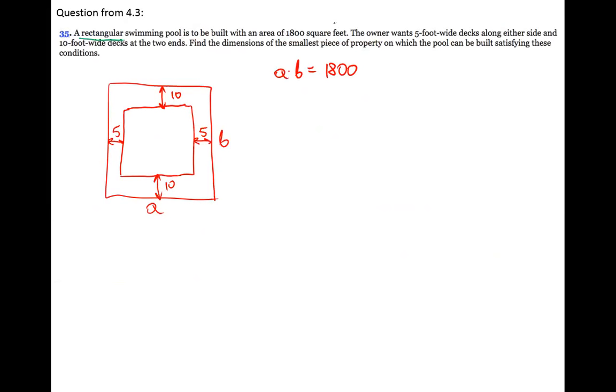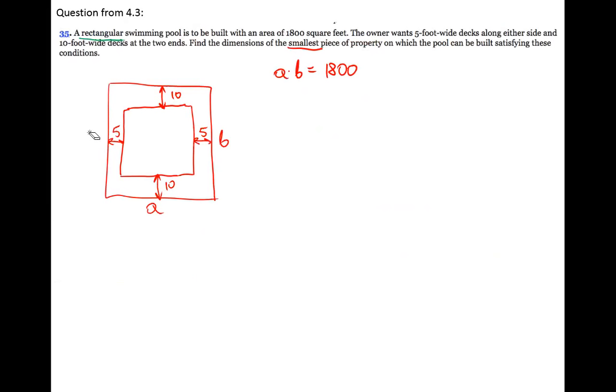Let's do it, because first of all we have to create a few functions, because I just don't like this word smallest. Based on the smallest piece of property, he has a property of 1,800 square feet.